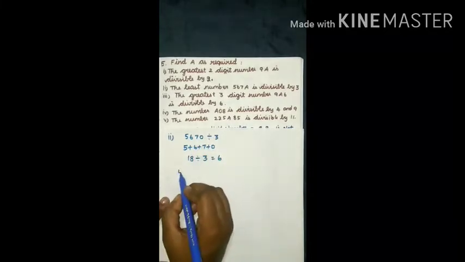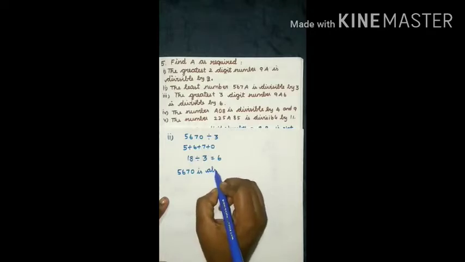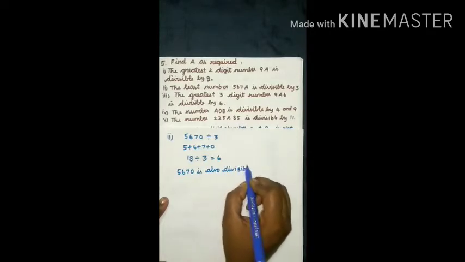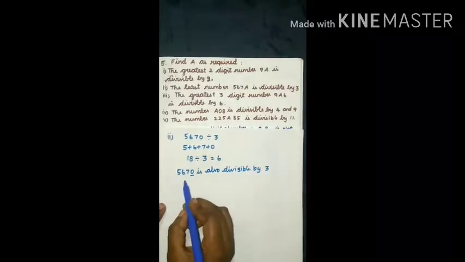So 5670 is also divisible by 3. So the A value is 0.